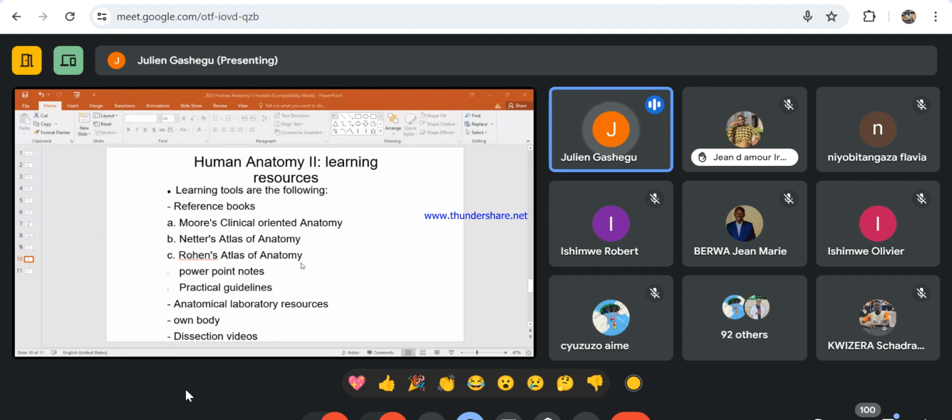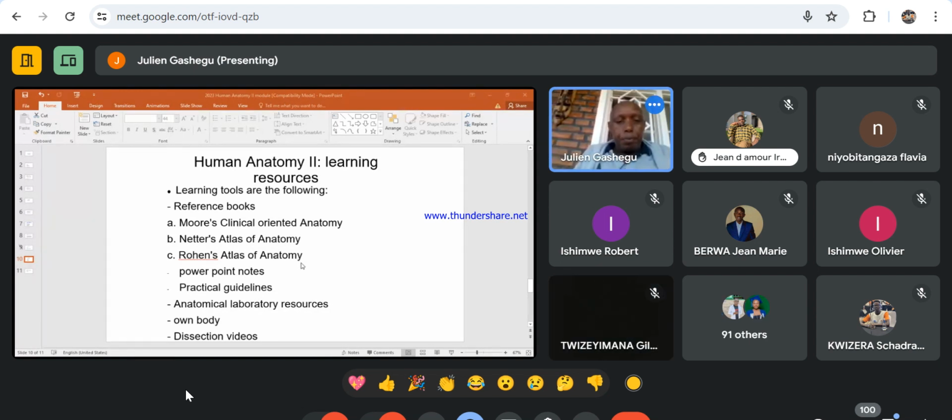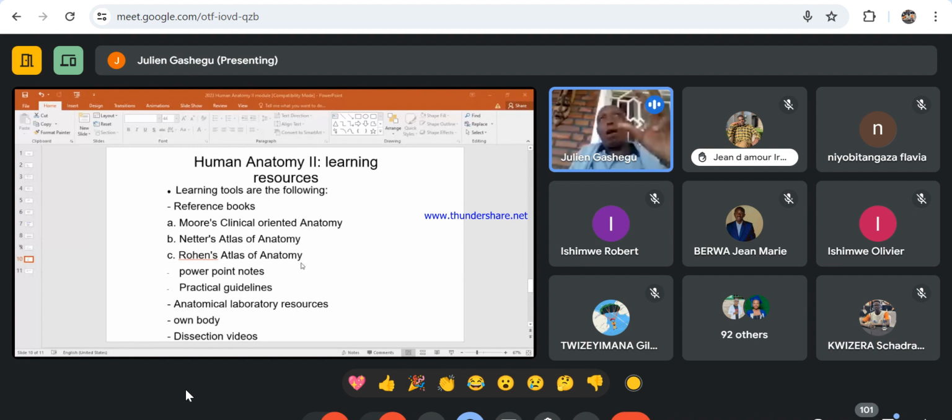But you also have the anatomy lab resources available for you. You have the specimens, you have the radio anatomy, the small lab, the medical, and you can use it as often as you want.